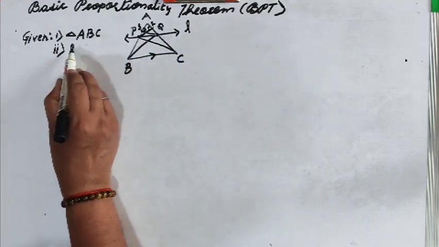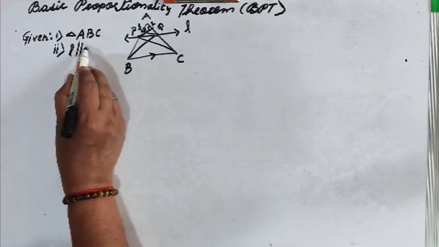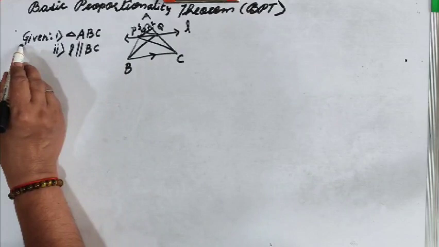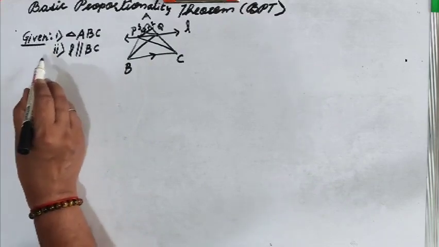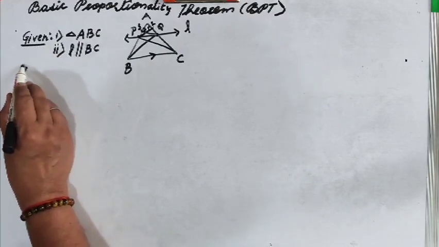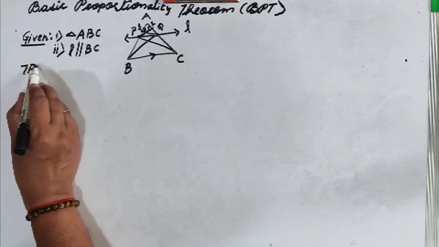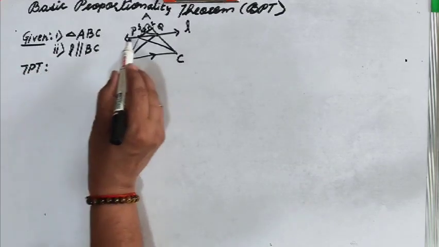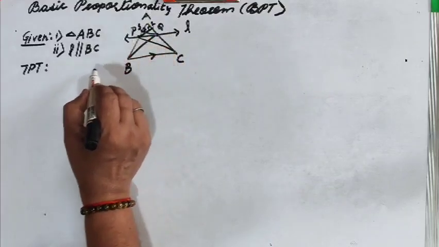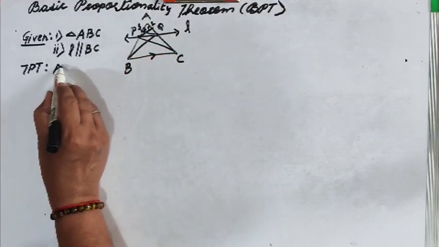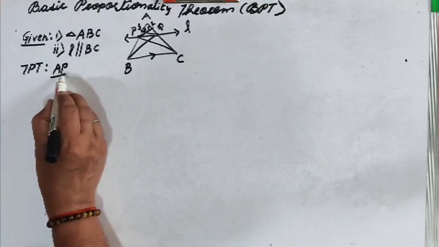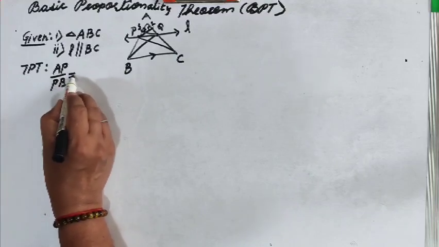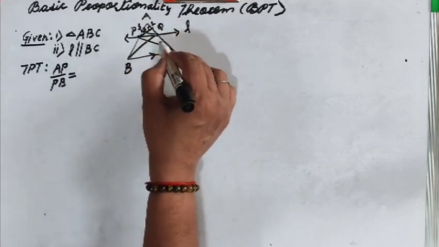So line L is parallel to BC. This we write under the heading given. Now with the help of this given part, you want to prove it. So this I am writing as to prove that AP upon PB should be equal to AQ upon QC.